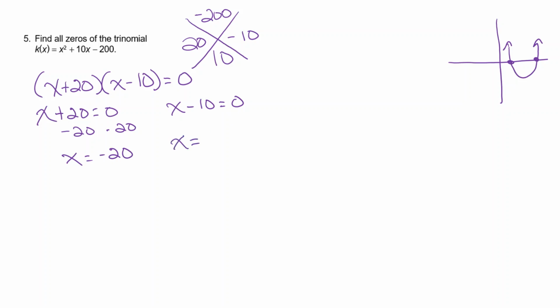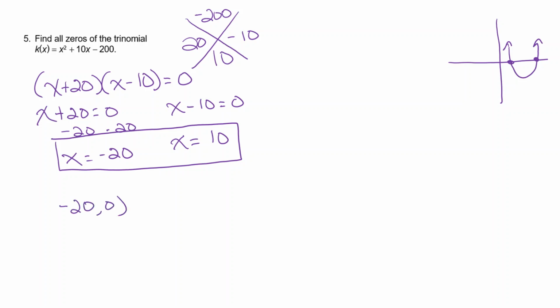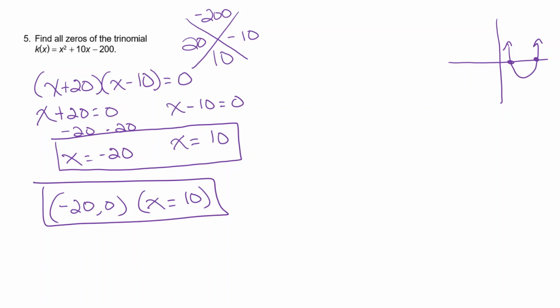And if x equals positive 10, the whole thing also equals 0. So when the question says find all the zeros of the trinomial, we see that we'll have a 0 at x equals negative 20 and at x equals 10. All right, you can do either of those and that would be fine.